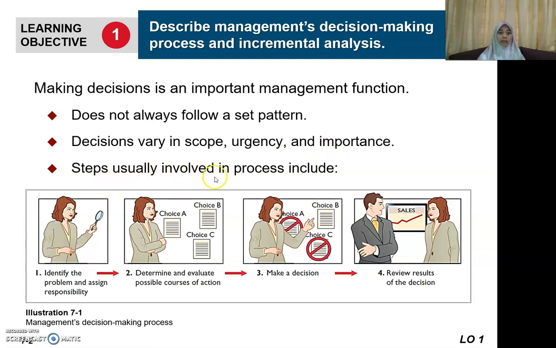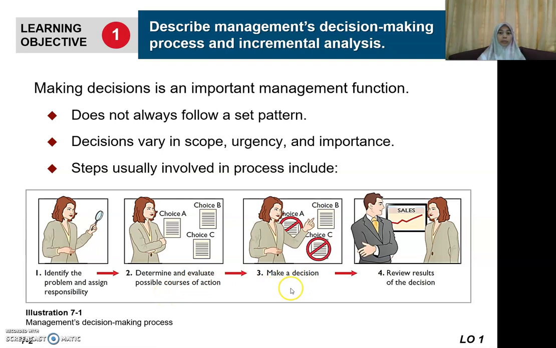The steps usually involved in the process include, first, you identify the problem and assign the responsibility. Next, determine and evaluate the possible courses of action. So you have choice A, choice B, and choice C, for example. You need to determine and evaluate what alternatives are available.